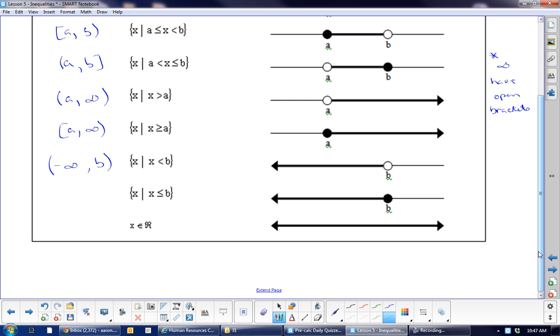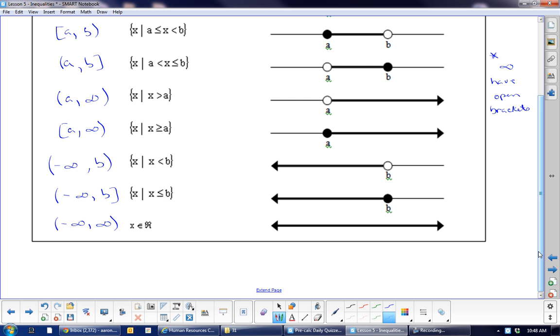The next one is going to look sort of the same, except we're going to include B. And the last one is x is in the reals. We're going to go from negative infinity to infinity. Okay, so this is just the basic rules. Now we're going to be talking about how we use these things in calculus.